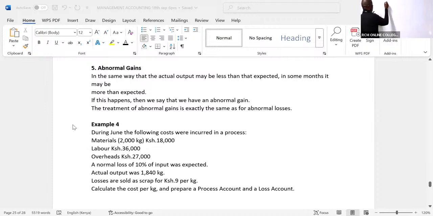Now we have a process account. We have description, units, cost per unit, value.